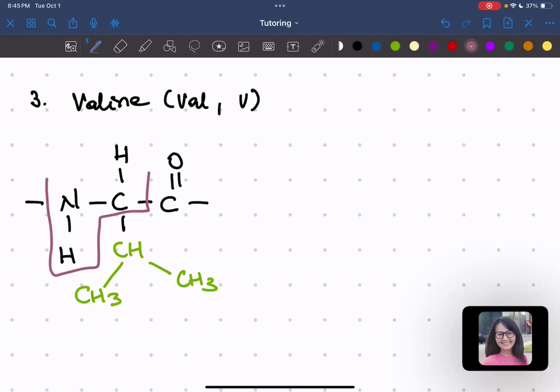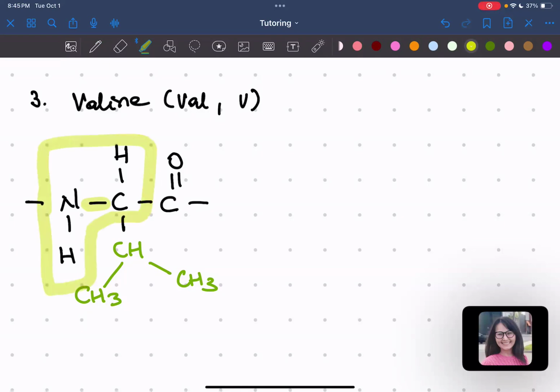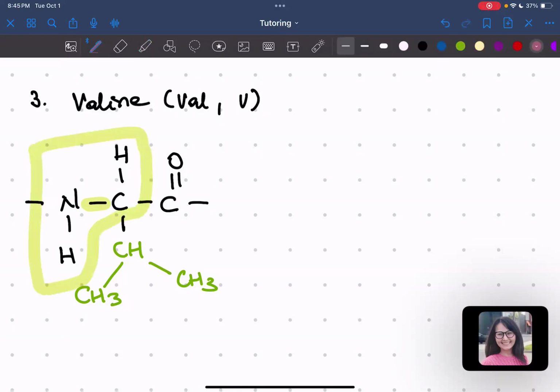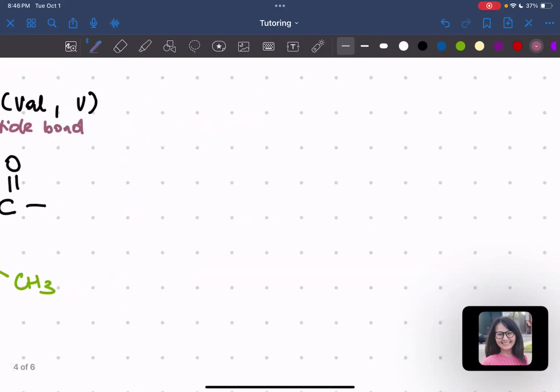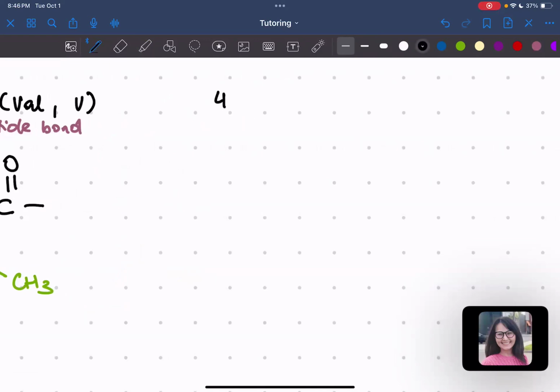They don't form, again, they don't form hydrogen bonds.